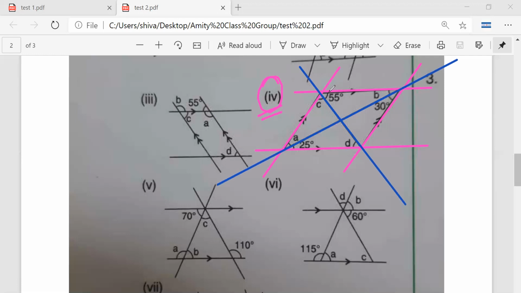So if this is 55, then this would be 55 degree. Shabash. Very nice. After this, because this left low part is 25, above B will also be 25. Shabash. This will be 25. Very nice.